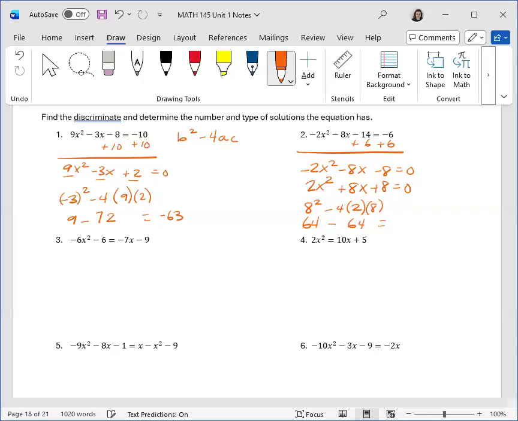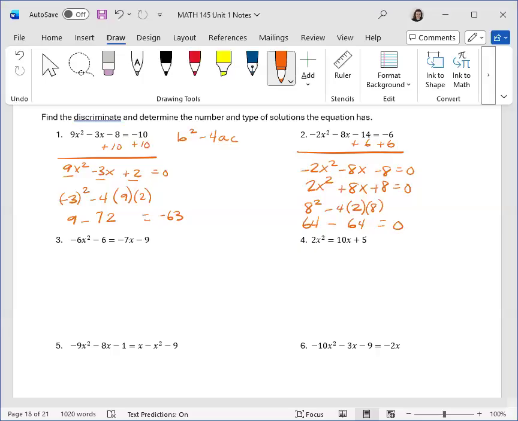I get 0. So again, taking the square root of 0 is just going to be 0. I'm going to get one real solution out. So that tells me that the parabola hits in one spot. And I can take the square root of 0, so it is going to be a rational answer.